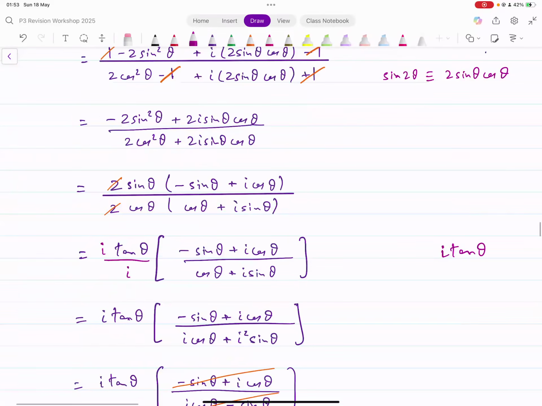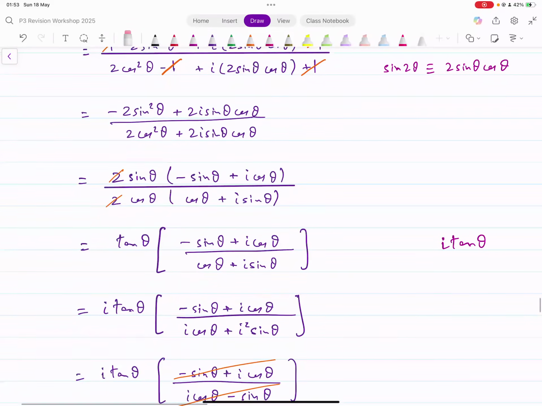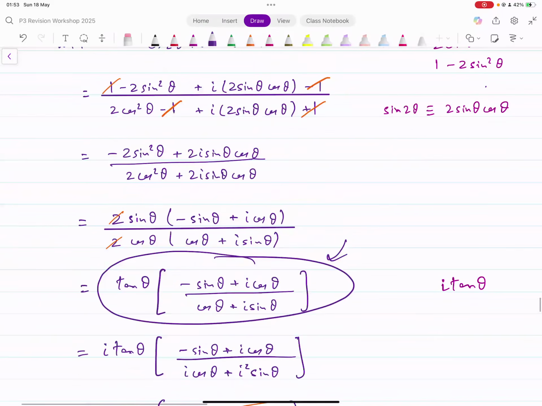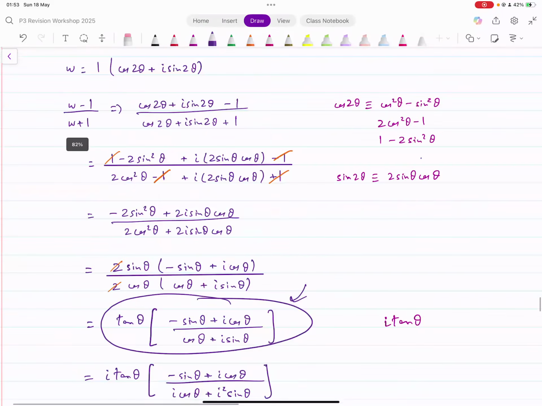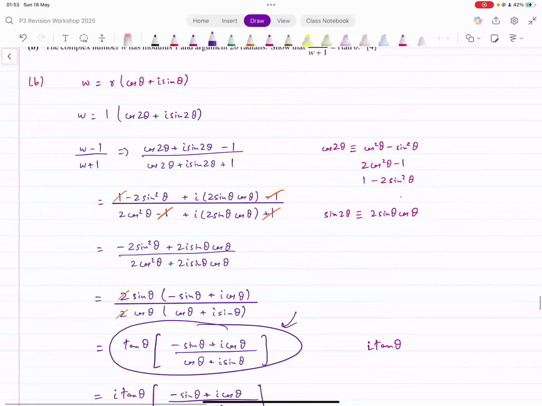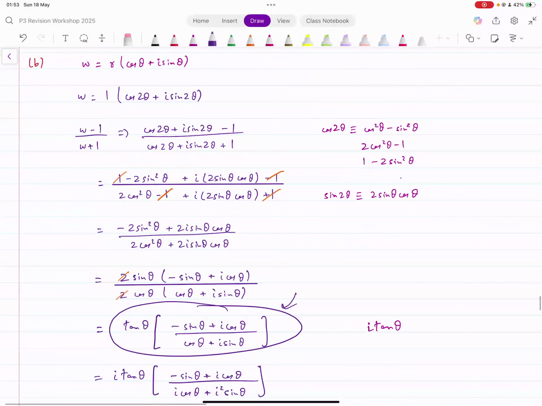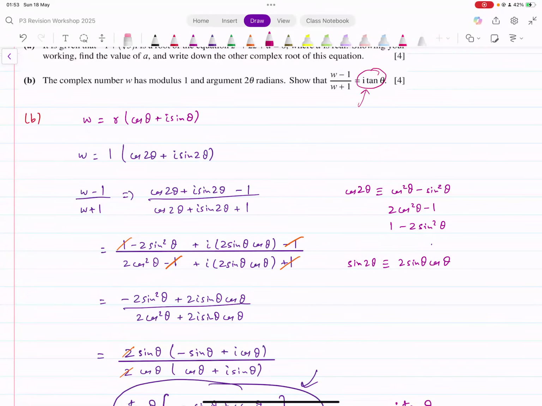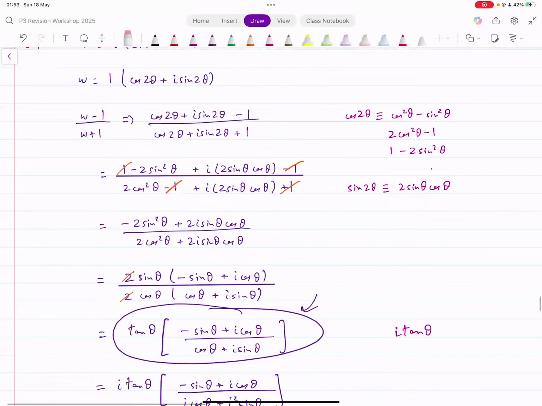So at one point, I got this tan theta into this whole thing. And now the final result that we want has iota tan theta. So they want an iota in the numerator, right?